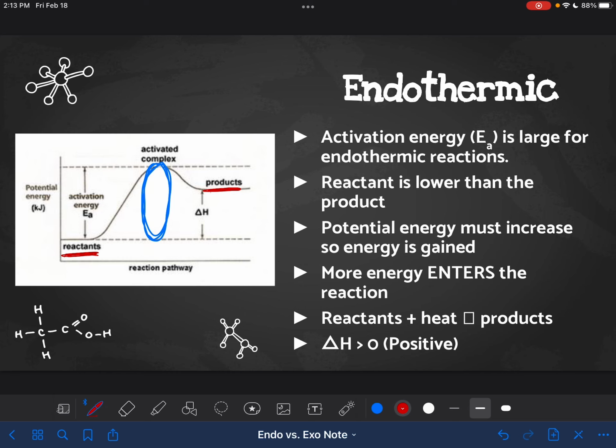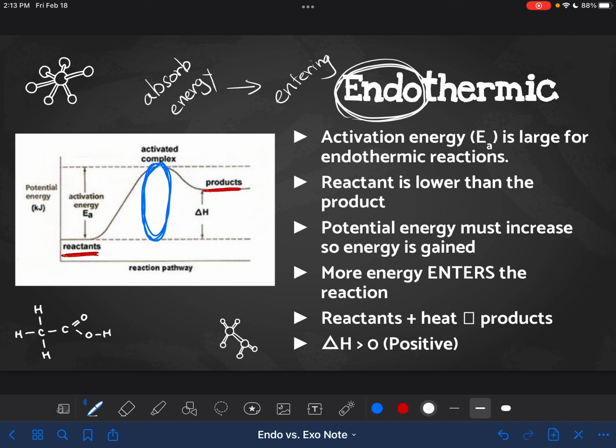Basically, what that means is that endo means entering, which also means absorbing energy. That's another way to remember endothermic reaction, where more energy enters the reaction.